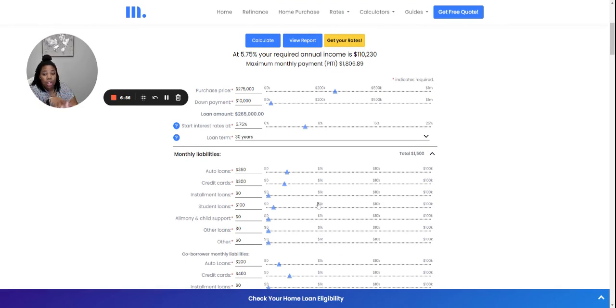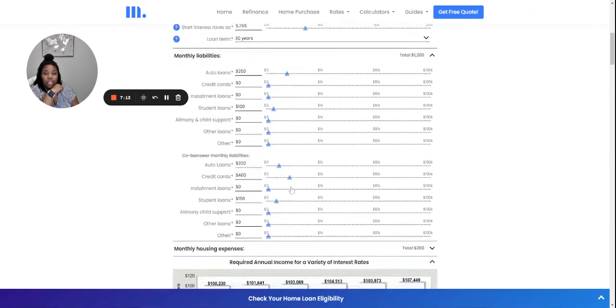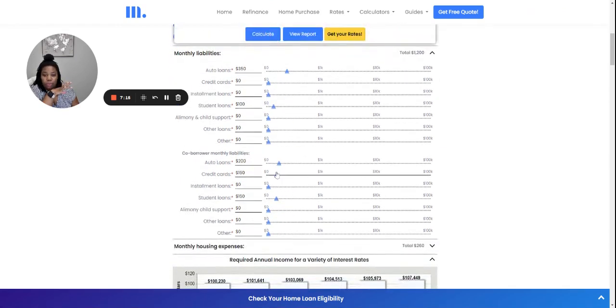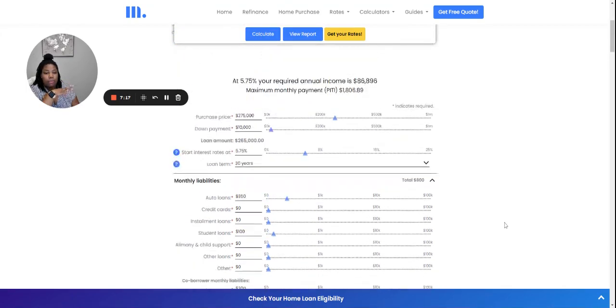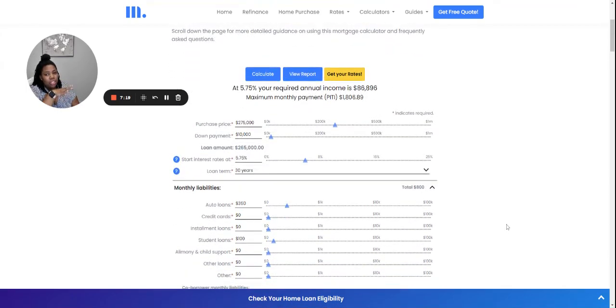And this will allow you to also see, before you get into the home buying process, if you have credit cards and you're paying $300 a month, and you do something like the debt snowball, which is something that I did to get out of credit card debt, and you're able to pay off all of your credit cards, and your spouse is also able to remove their credit card debt. Because remember, credit cards aren't a must-have.